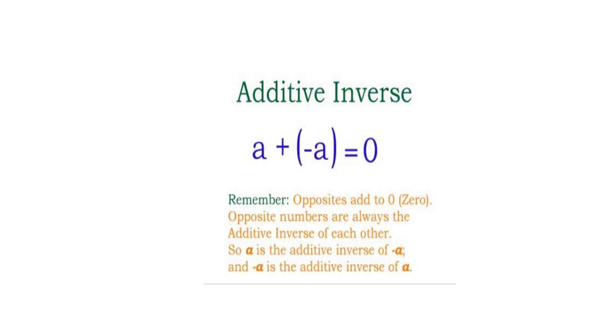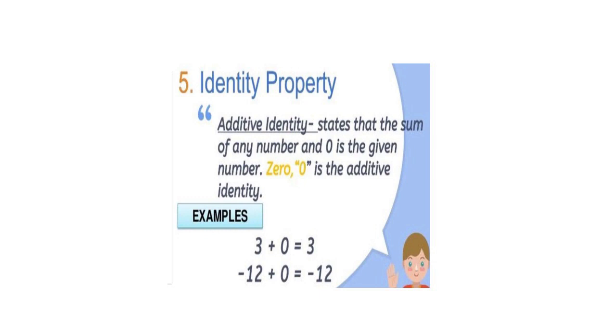As I have told you earlier that minus 2 is the additive inverse of 2 and 2 is the additive inverse of minus 2. Then here comes the identity property for addition. What is this identity? Additive identity is that number which when added to any number gives the same number as result.